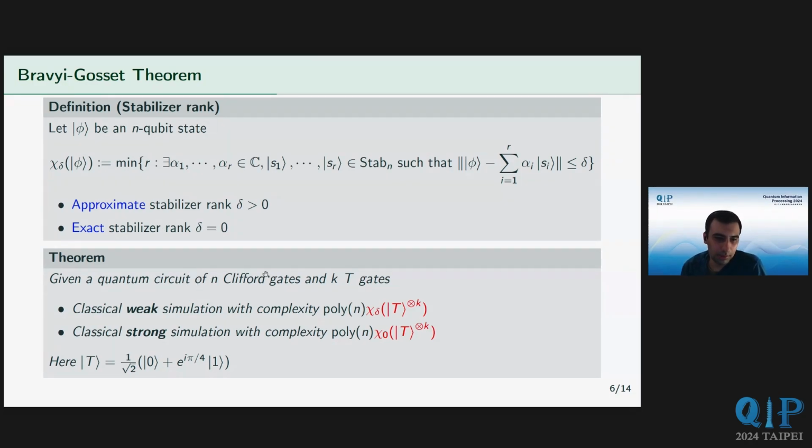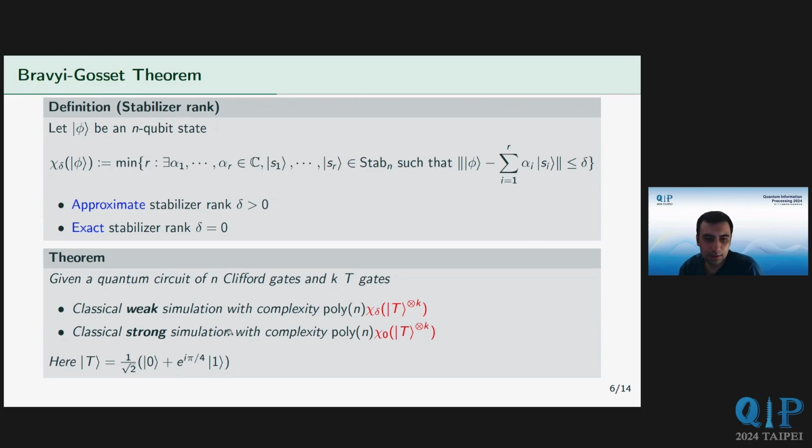And the main result here is due to Bravyi and Gosset, and it combines all these ideas and shows that if you have a quantum circuit consisting of n Clifford gates and k T gates, you can do weak simulation with time complexity polynomial in n times the approximate stabilizer rank of T to the k.